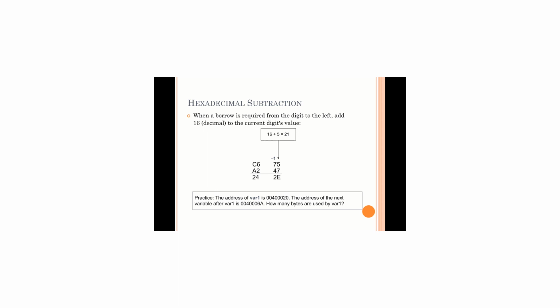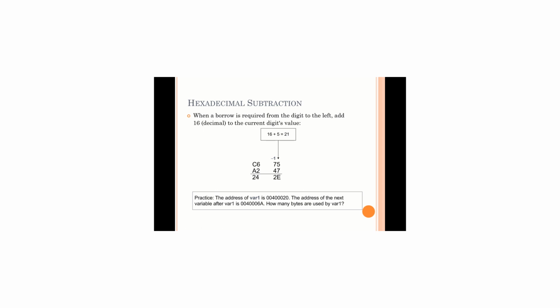So if I ask you, the address of variable 1 is this, and the address of the next variable after variable 1 is this, how many bytes are used by variable 1? With this question, you basically subtract variable 1's address from the next address.